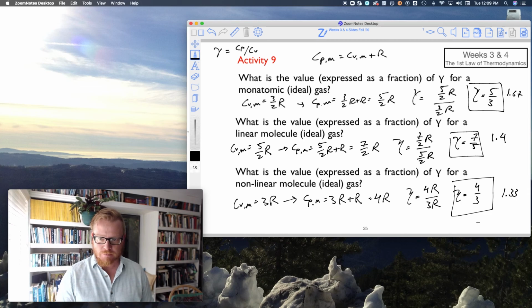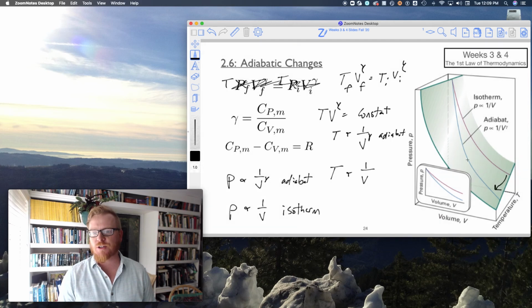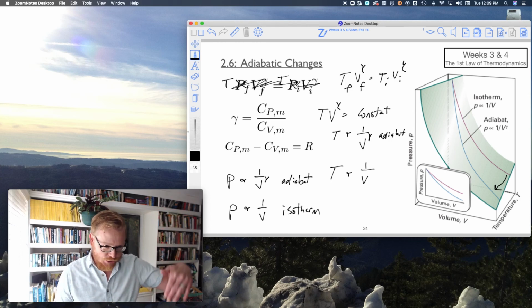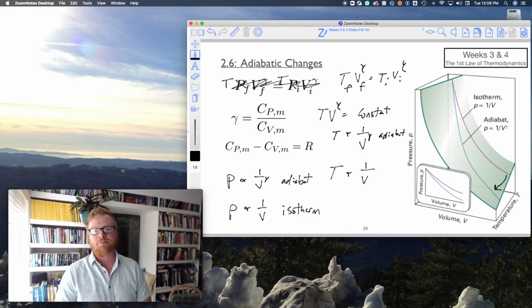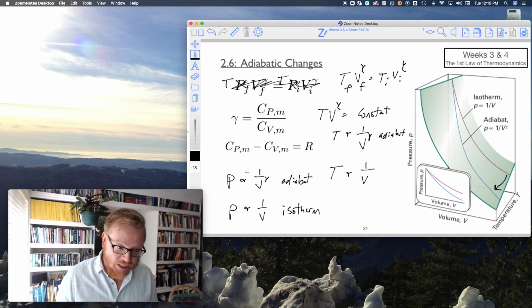The physical interpretation is that on these adiabats, the monatomic gas will fall off much quicker. It has a much steeper change in volume with pressure. The reason is that it doesn't have as many degrees of freedom that need to be supplied with heat in order to fuel that expansion.